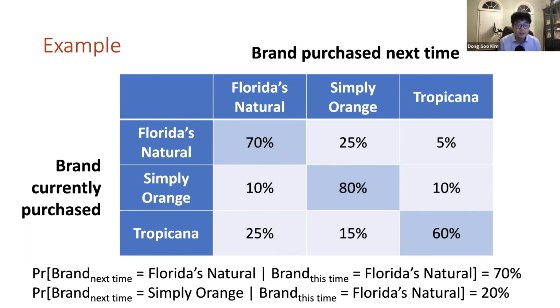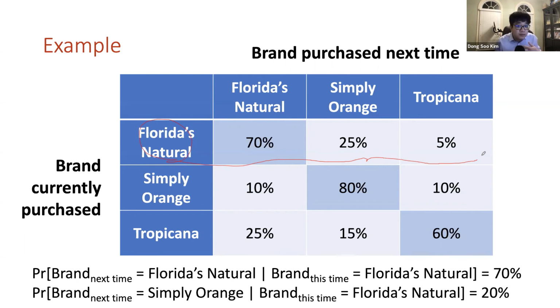For example, suppose that the customer bought Florida's Natural this time. The currently purchased brand is Florida's Natural, so we need to look at the row of Florida's Natural. Then, let's think of the probability of Florida's Natural being purchased again next time.